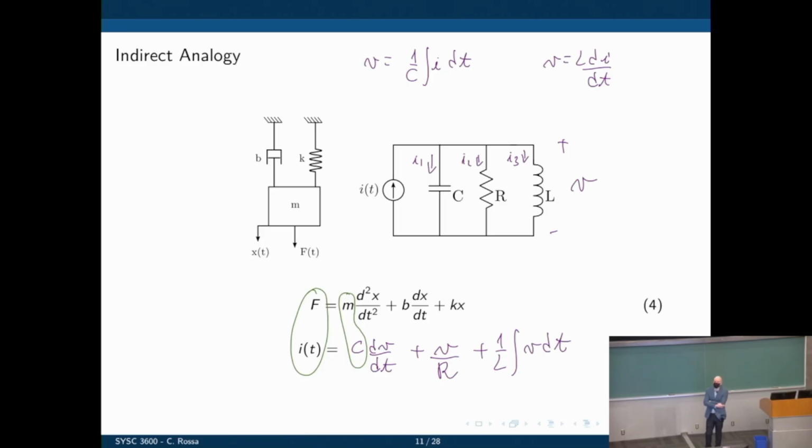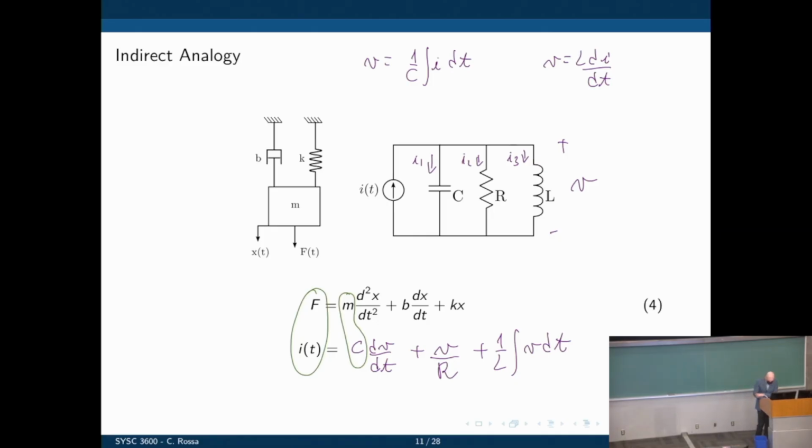And that makes sense because the mass still stores energy in the form of kinetic energy. The capacitance now stores energy in the form of an electrical field rather than a magnetic field. So that's the difference compared to the other one. The basic assumption here is mass is equivalent to energy stored in the form of electrical energy. And then everything else is derived as a consequence of that assumption.